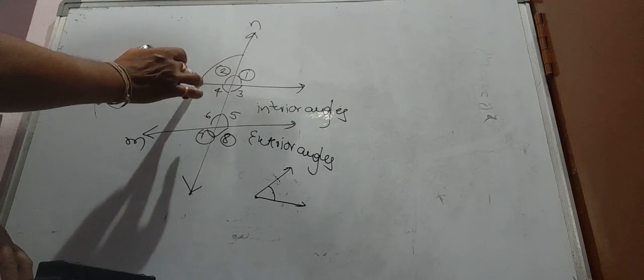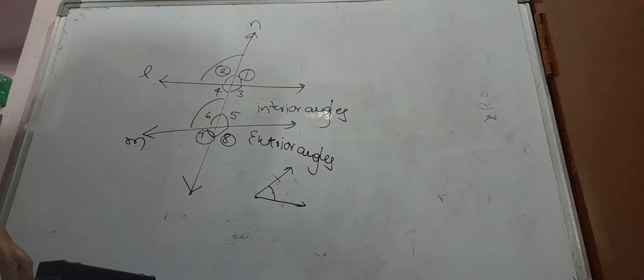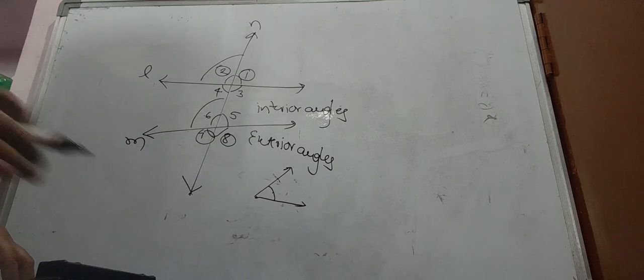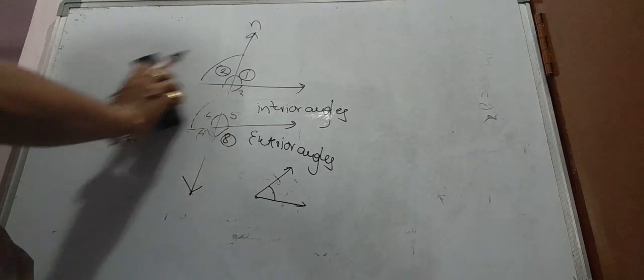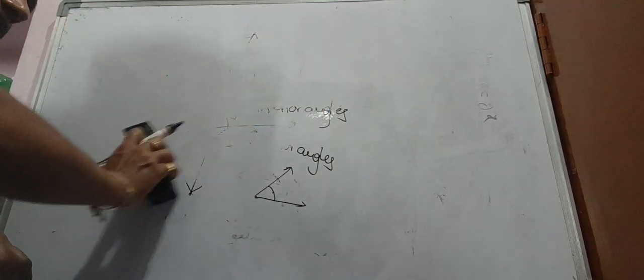See, this one and this one are called corresponding angles. Which are called corresponding angles? One angle is interior, one angle is exterior, not adjacent, and on the same side of the transversal: these are called corresponding angles.